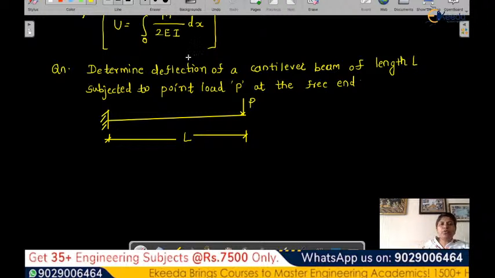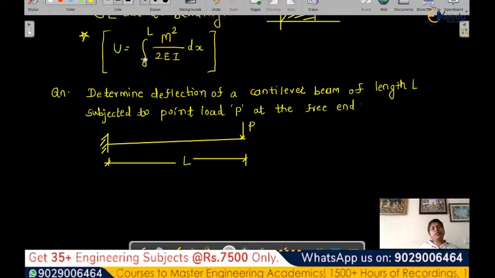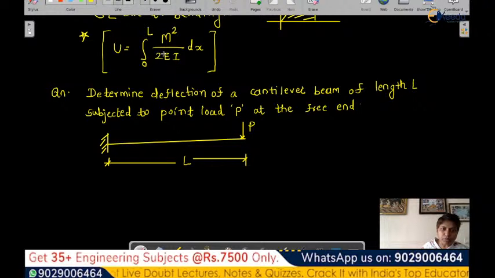Now we have to use the above formula. If you see this formula carefully, what terms do we have? M is there, then 2EI. What is M? M is the moment. This beam has only one load, that is the load P acting on it, so we simply have to write a moment equation. How are we going to write it?